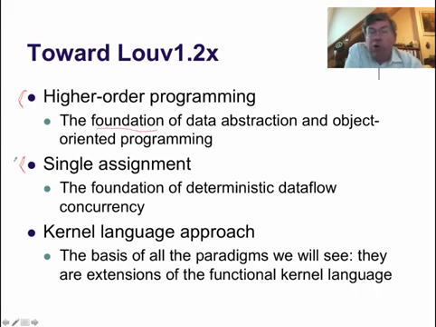Single assignment will be the foundation of deterministic data flow concurrency, in some sense the best model for concurrent programming, and the kernel language approach, which we used to define functional programming, we will use in Louvain 1.2x to define all the paradigms we will see, so we will use this approach uniformly in Louvain 1.2x.